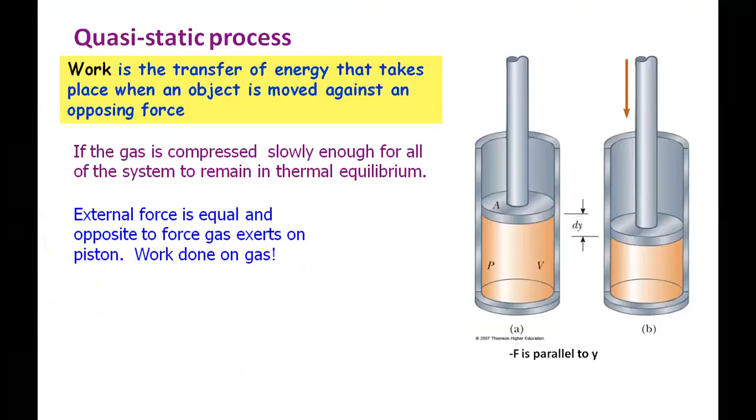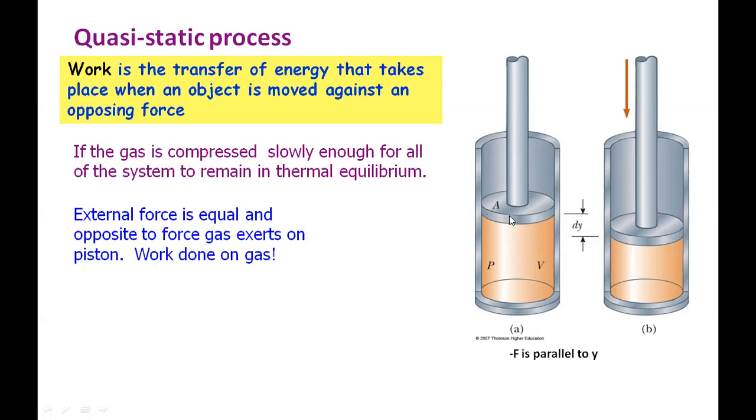A quasi-static process: work is a transfer of energy that takes place when an object is moved against an opposing force. If the gas is compressed slowly, this is the gas, this is the piston, and this is the area of the piston.